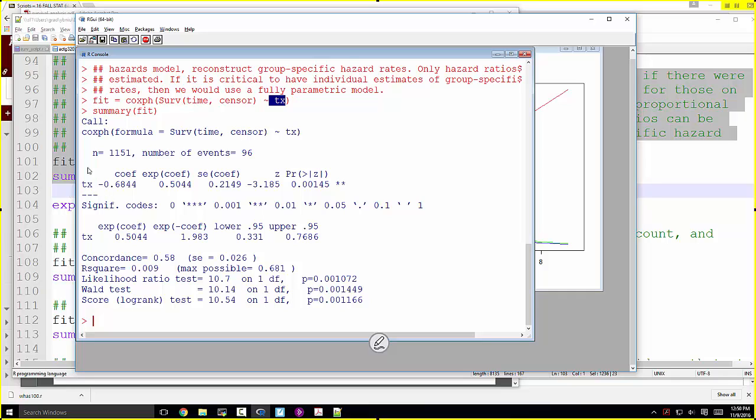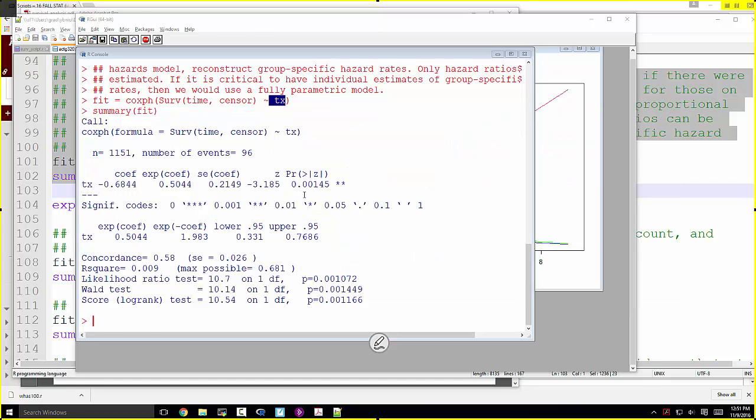Remember that we said there was no intercept reported by the model, because the way that the proportional hazards model works, it factors out the baseline hazard function. So it's estimated as if there is no intercept. But this coefficient is a log hazard ratio. So if you exponentiate it, this is a hazard ratio estimate. We have a standard error, and so we can get a p-value for this variable.